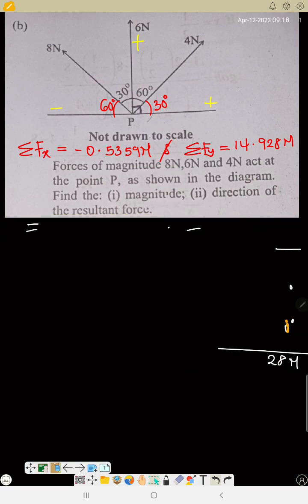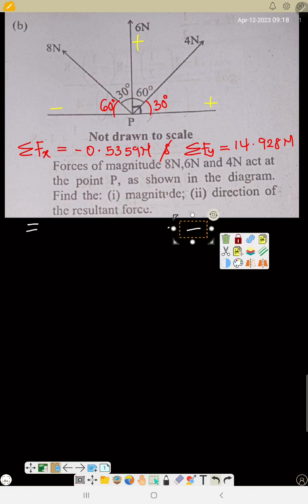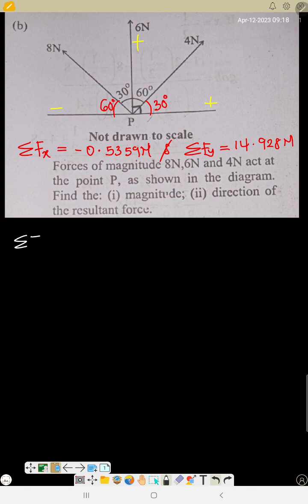So if you don't want to use a table, using the same diagram, let me show that also, so anyone is allowed. If you don't want to use a table, you just go straight by saying summation Fx, that is the sum of all the forces in the horizontal direction.